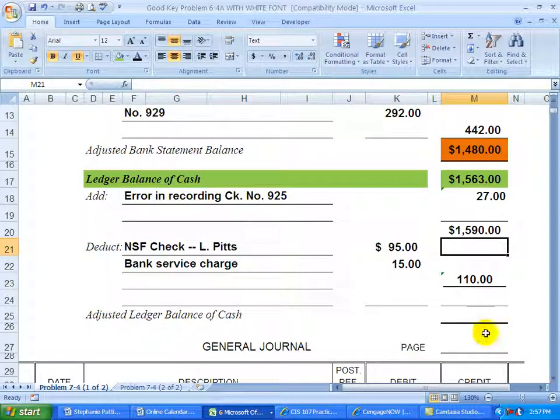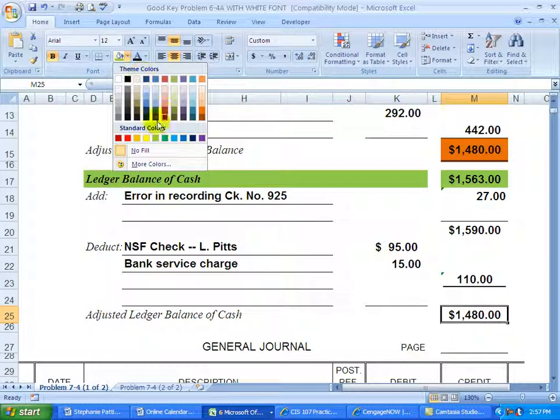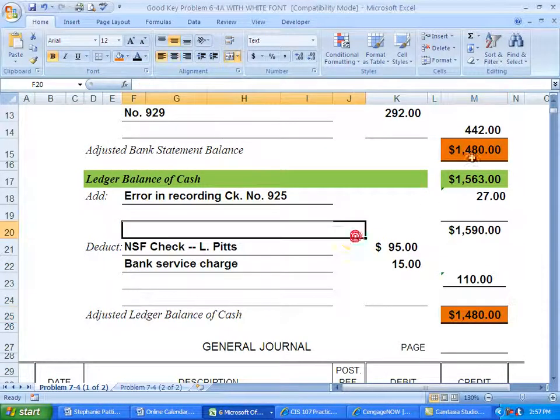And when we do that, we get our new cash balance and checking account balance, and that would be $1,480. So do you notice how we're reconciling? Because this amount here equals up here, and that's exactly what we want when we reconcile.